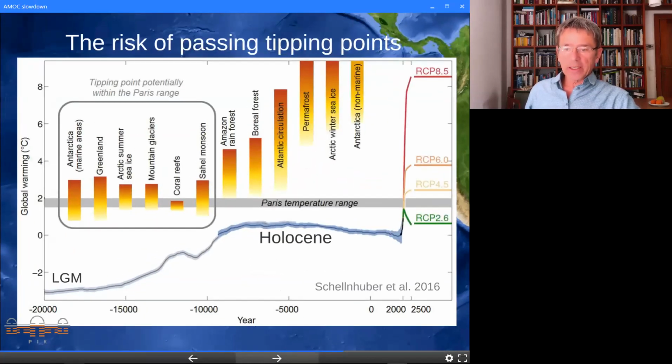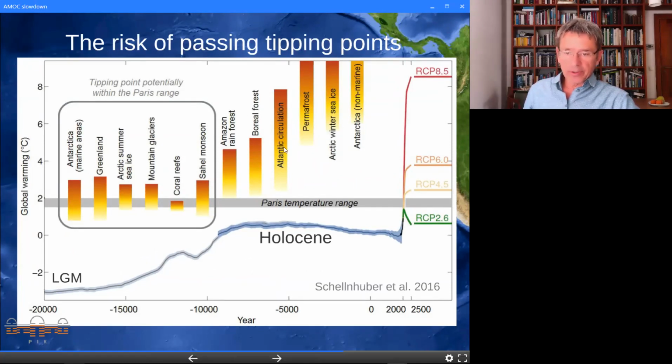And there's quite a number of these tipping points. Here's a nice diagram made by Ricarda Winkelmann for this paper that we published with John in 2016 in Nature Climate Change, where we list the kind of uncertainty ranges for various tipping points. For the Atlantic circulation, you see here a kind of burning embers uncertainty starting from about 2.5, 3 degrees.